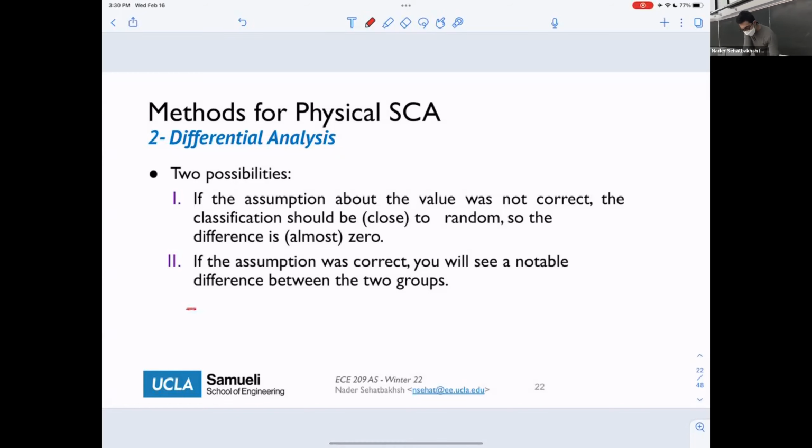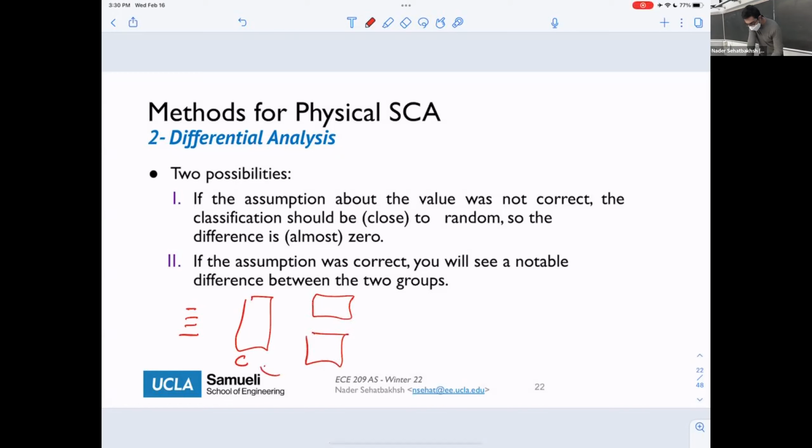So we basically had some samples here, then this classification algorithm here, and we put them into two groups here. If this classification is not coming from an actual value, so it's not classifying the samples into the right groups, let's say, for example, the real answer is 0, 0, 1, 0.